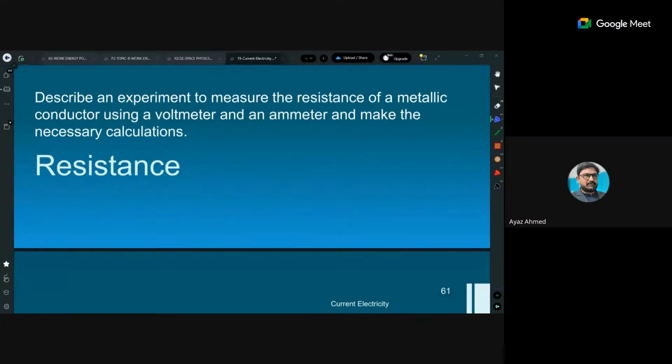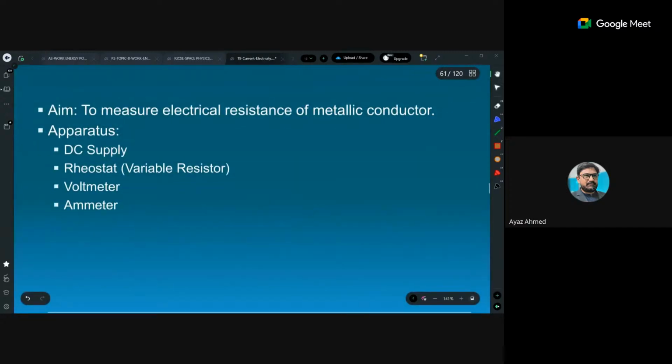उसके बाद आपको कहते हैं describe an experiment to determine the resistance of the metallic conductor using the voltmeter and ammeter. This is a question mostly we used in ATP as well, but this question is asked in theory also. कि आपके पास एक वायर है and you are going to change the length of the wire, and by that you are going to measure its resistance. So what do we need?